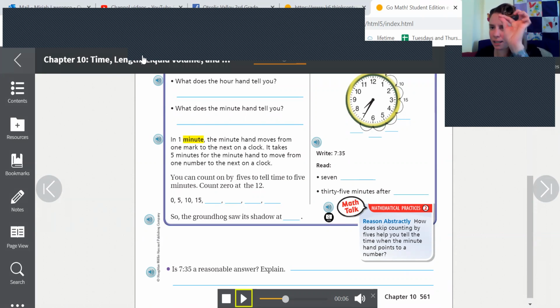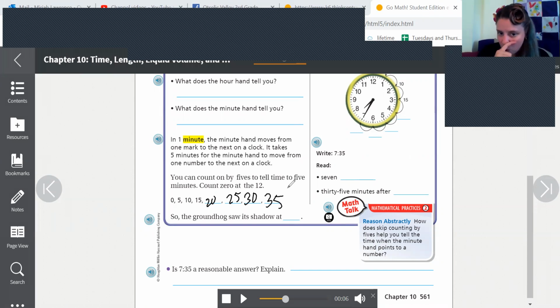Right, we knew that the little tiny numbers are 1 minute. One big number jump is 5. That's why we count by fives when we go around. You can count by fives to tell what time it is. So we can go ahead and fill in this down here. 5, 10, 15, 20, 25, 30, and 35.